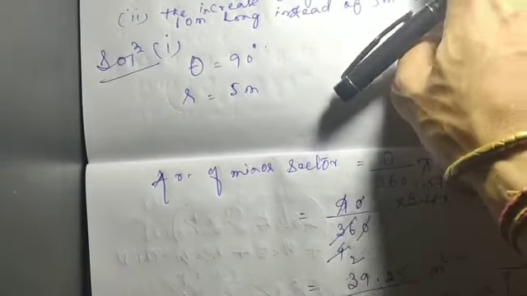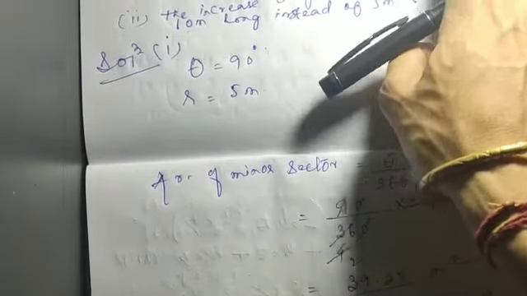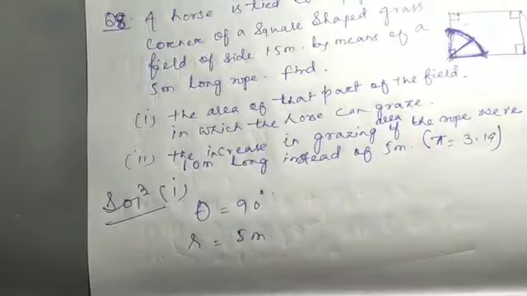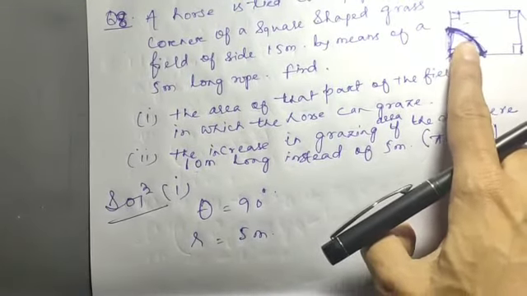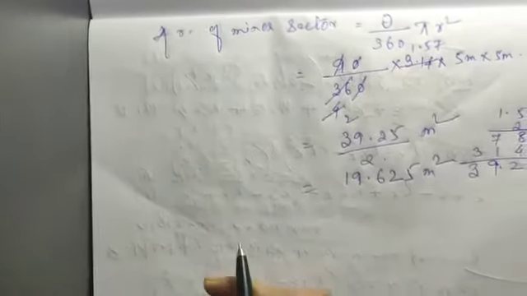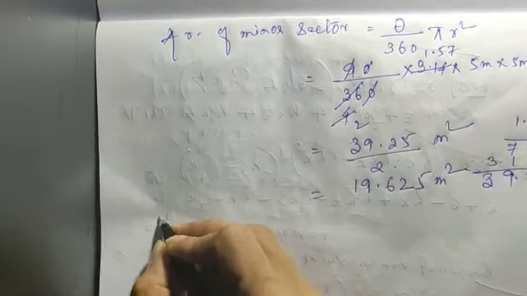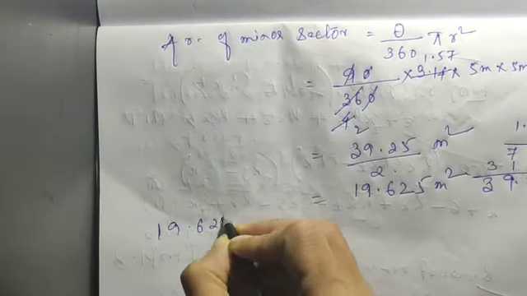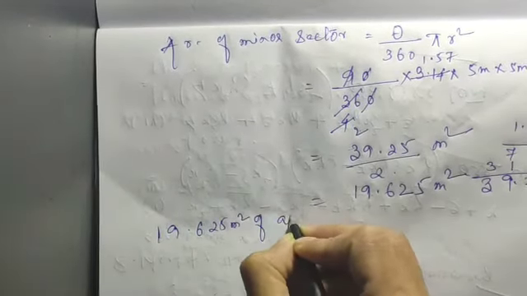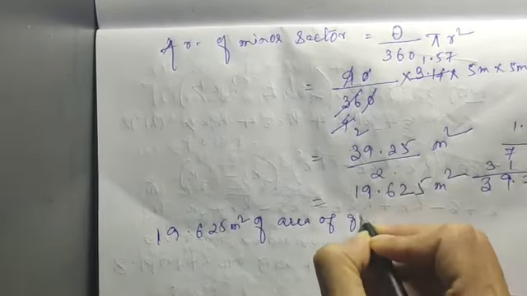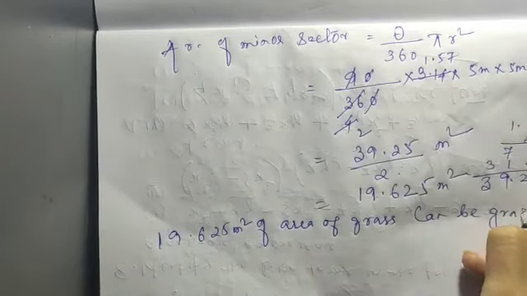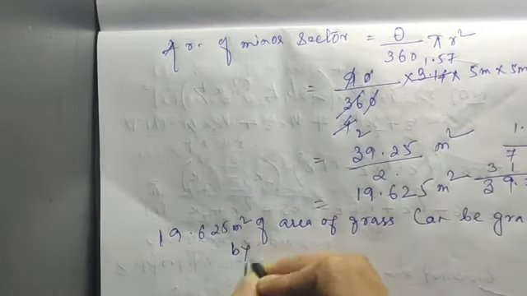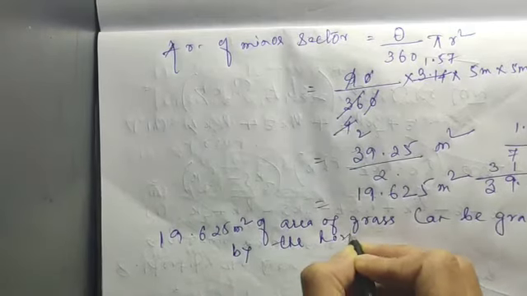That means this is the area of this portion, so this much grass can be grazed by the horse. We'll write down here at the last: 19.625 meter square of area of grass can be grazed by the horse. Okay, done.